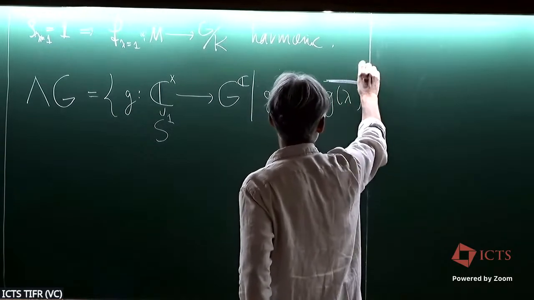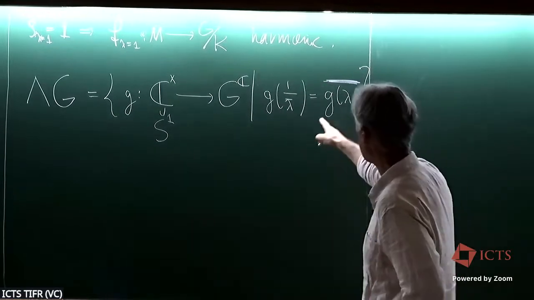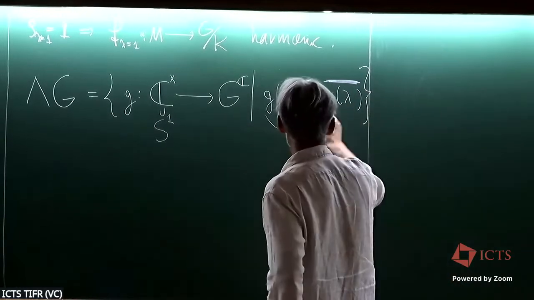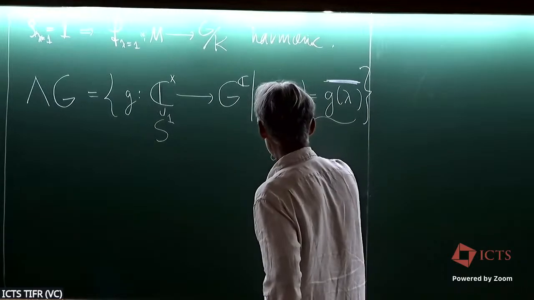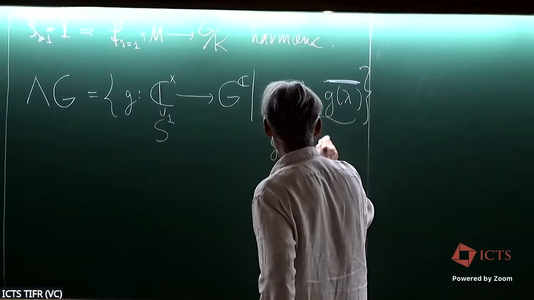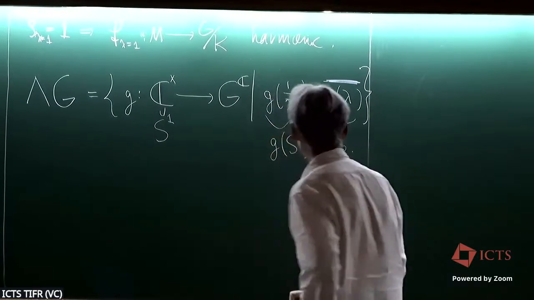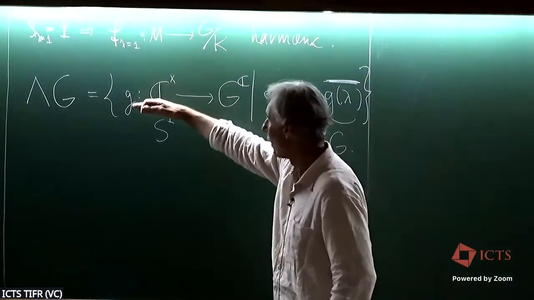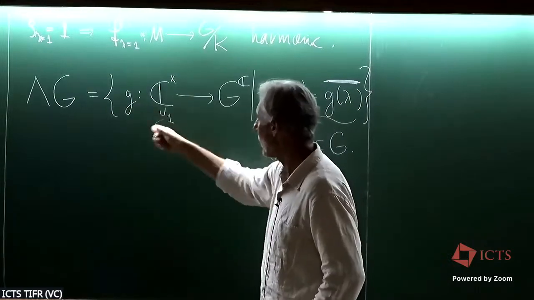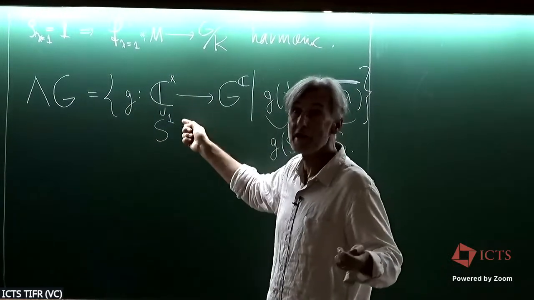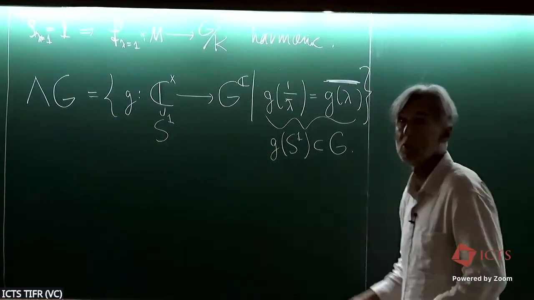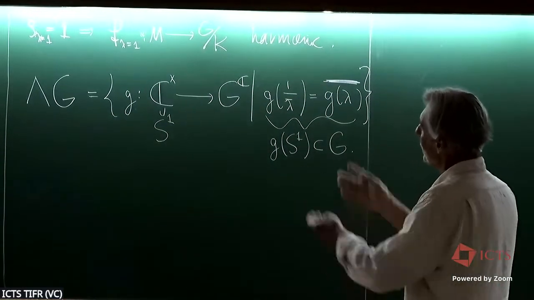So you have to have this condition, and that just ensures that if I restrict to the unit circle, I live in G. So this ensures that the image of g on the unit circle is contained in the real Lie group. It's just a reality condition. You could, of course, define it immediately another way: take g on S1, real analytic, into the real group, and then extend it to C star or the punctured C.